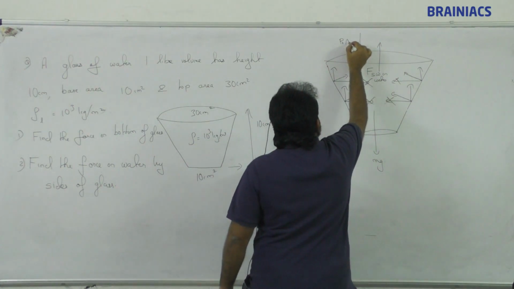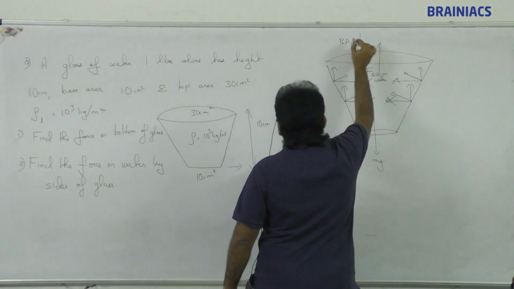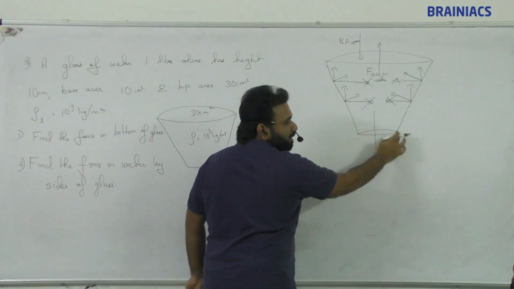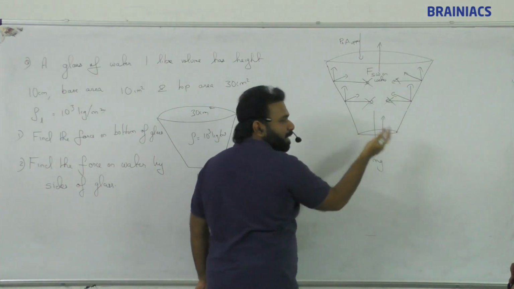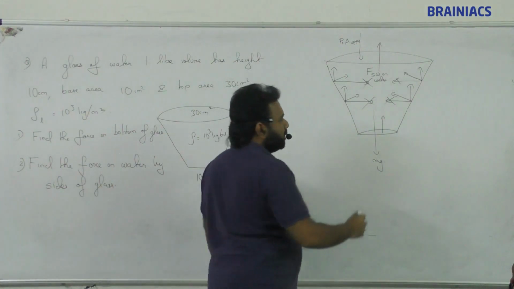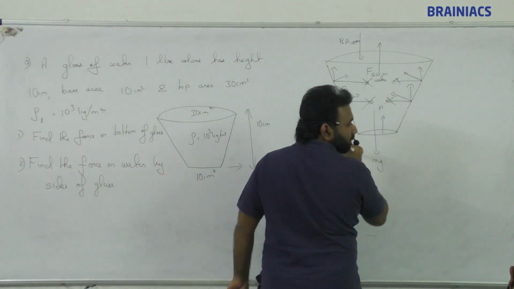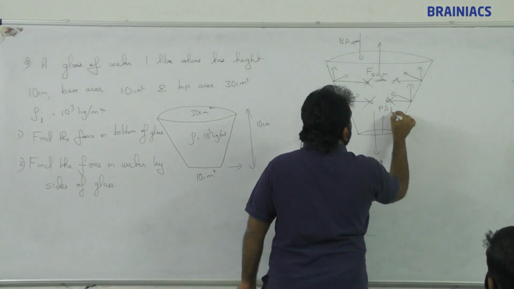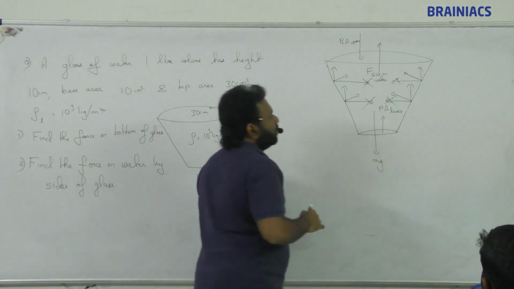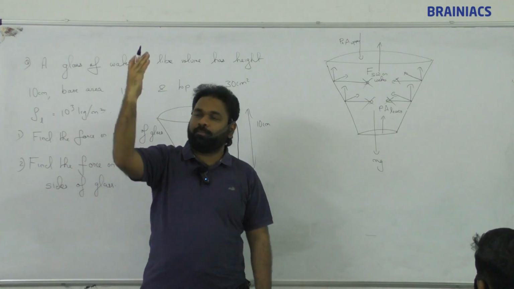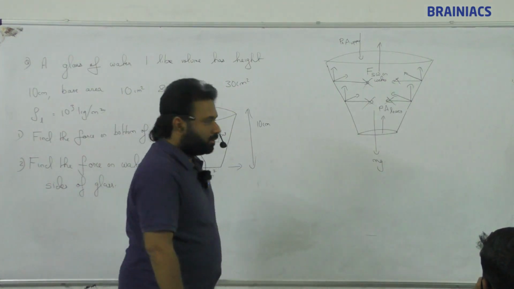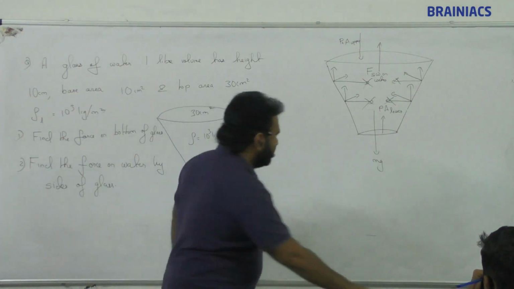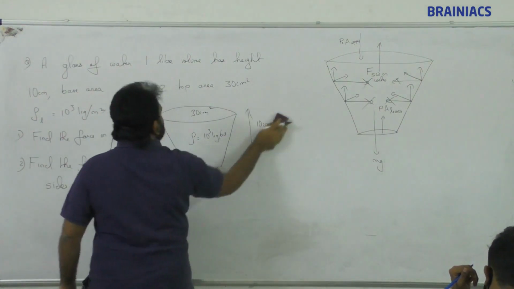P naught into upper area will be in the downward direction. Now this base will apply a force back on the water. That will be what? That pressure h rho g. So some forces are on the upper side, some are towards the ground, the downward direction.